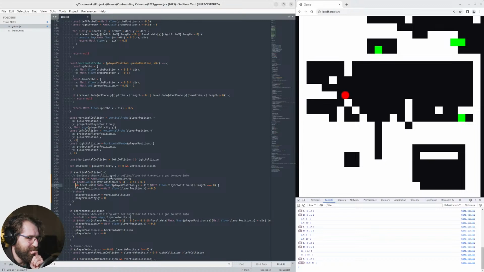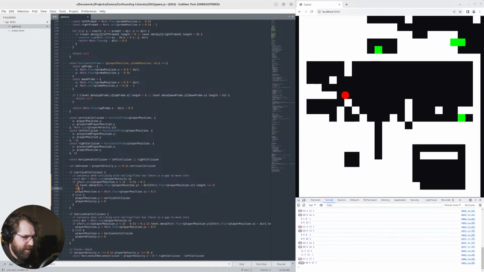Yeah, people come up with puzzle designs for ages. So what I need to do is basically also probe. What I care about is if there is something. This is horrible. But sure, if there is something, so does not equal 0.